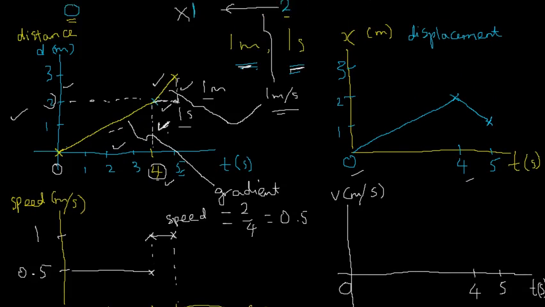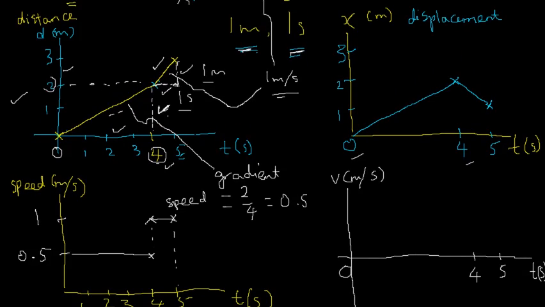Like before with the distance, we can make use of this part of the graph between 0 and 4 seconds and see that in this 4 seconds, the x, the displacement, changes from 0 to 2. So there is a change in displacement of 2 meters.